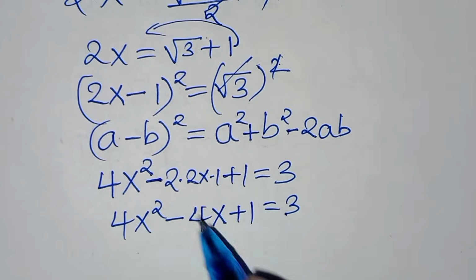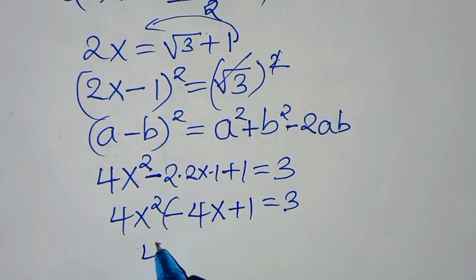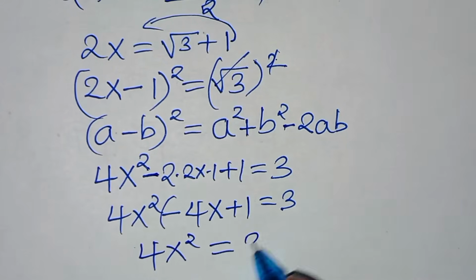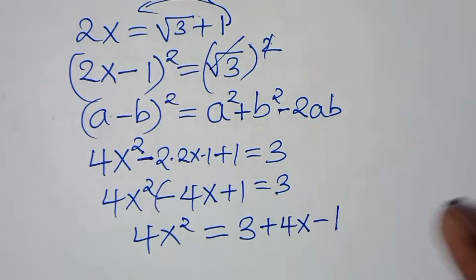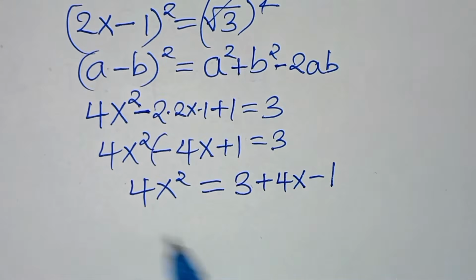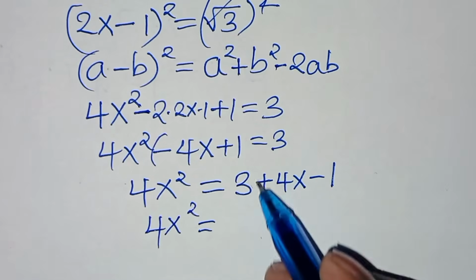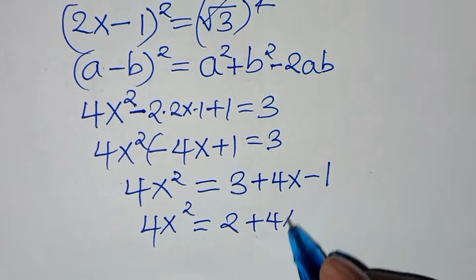Now from here, we can take minus 4x plus 1 on the right hand side, so that here we have 4x to power 2, this is equal to 3 plus 4x minus 1. So here we have 4x squared, this is equal to 3 minus 1, this is 2 plus 4x.